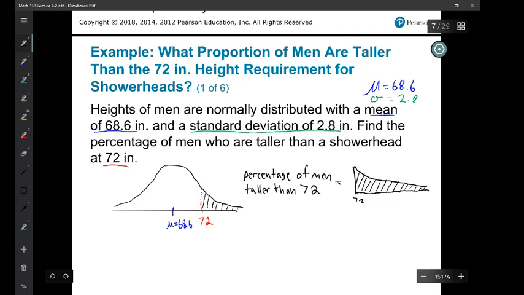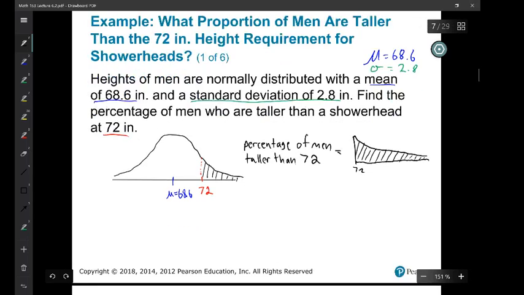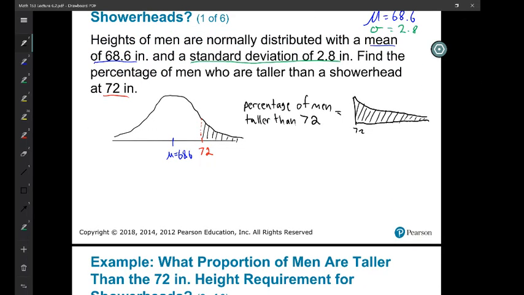All right, so when we don't have technology that will just take a new mean and a new standard deviation, what we would have to do is use our formula. So z is equal to x minus mu over sigma.